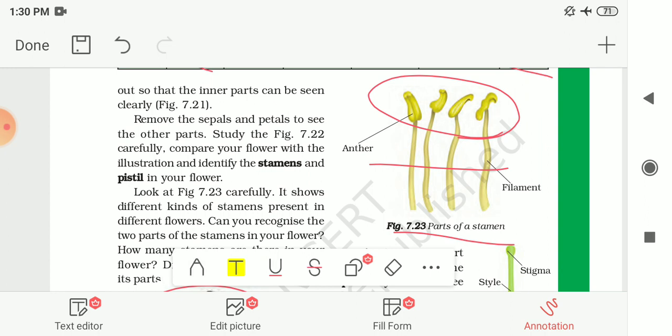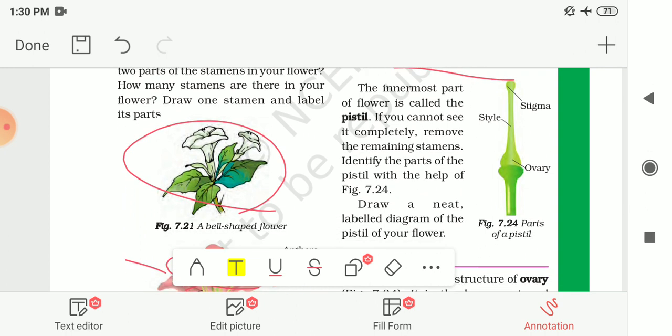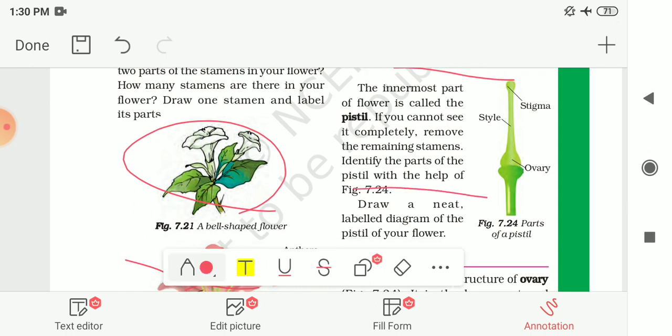Now let me see the different parts of the pistil. The innermost part of the flower is called the pistil, and it looks like this one. It also has different parts, and if you cannot see it completely, then remove the remaining stamens, so you will now find the pistil. Then identify the parts of the pistil with the help of this example.